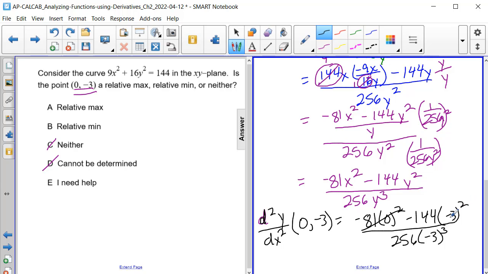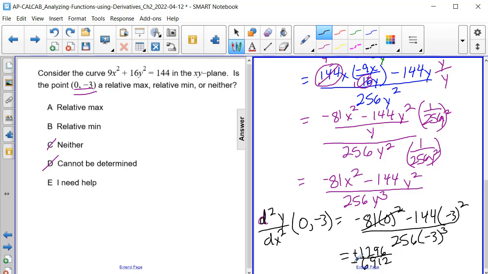Negative 3 squared will be positive 9, and positive 9 times 144 will be negative 1,296 divided by 256 times negative 27, which is going to be negative 6,912.